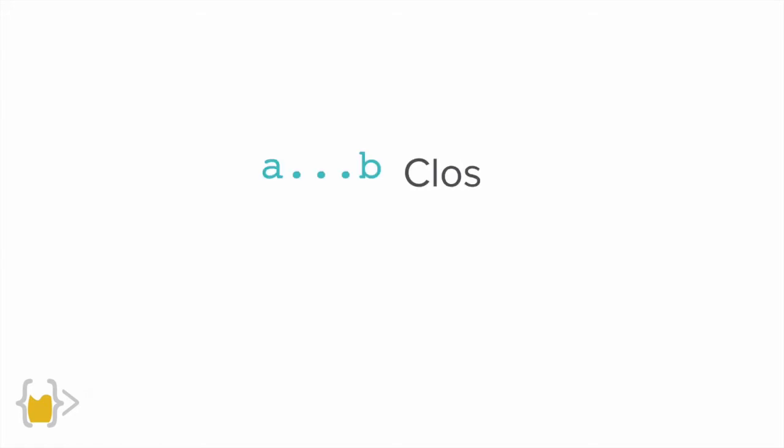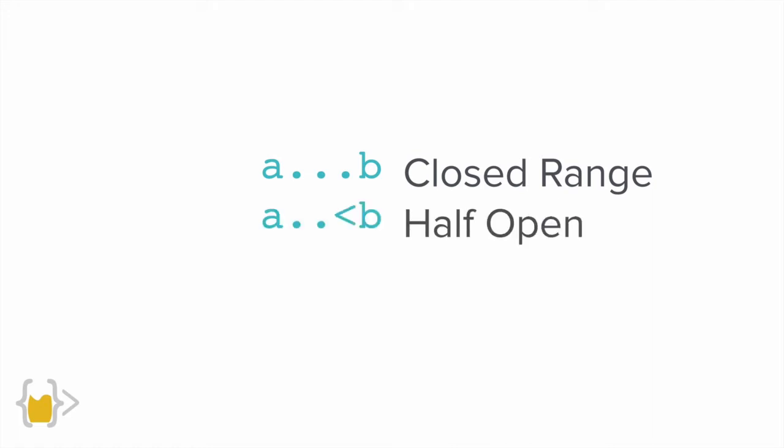We saw that you could use 3 dots to create a closed range where you're creating a range between A and B. So for example, we could create a whole bunch of random numbers between 1 and 100, including 1 and 100. Then we would use the closed range. And then we have the half open range where we have a less than sign at the end.